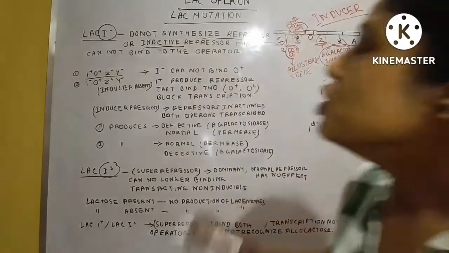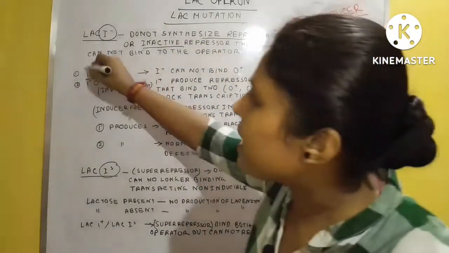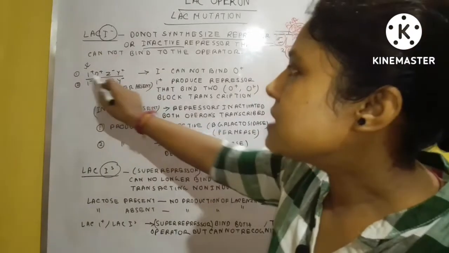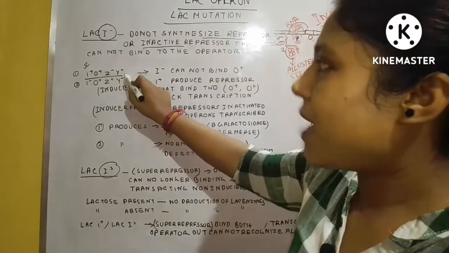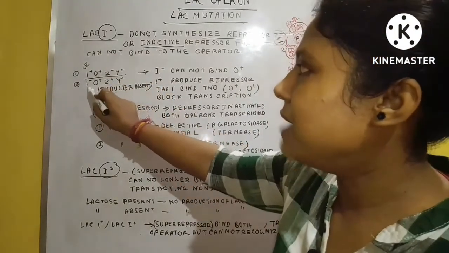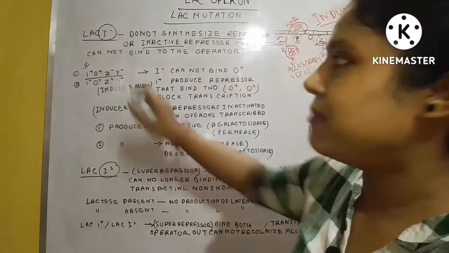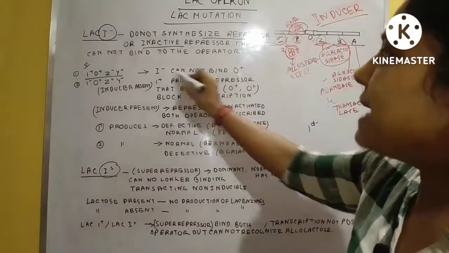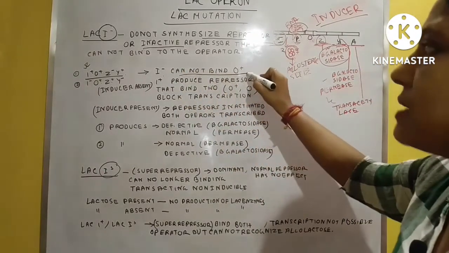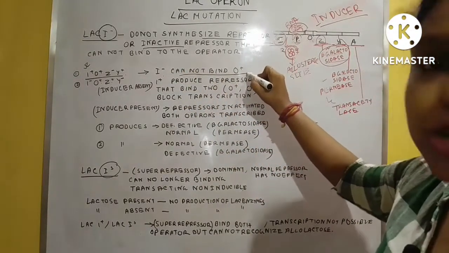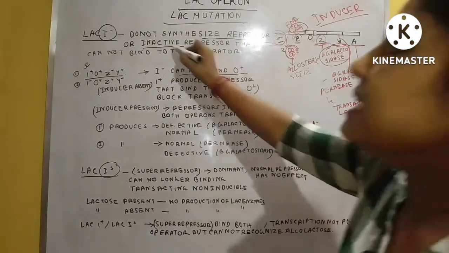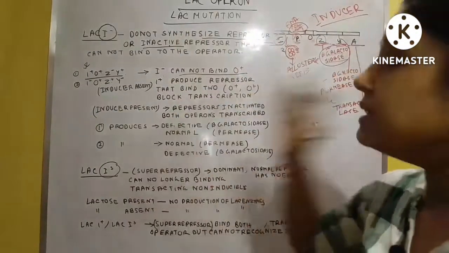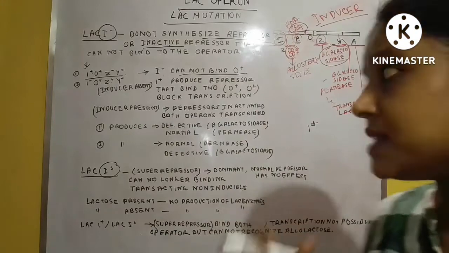Here is one example: I plus O plus Z minus Y plus, and I minus O plus Z plus Y minus. What happens here? I minus cannot bind to O plus, because the regulator protein produced is inactive, or maybe it is not synthesized.